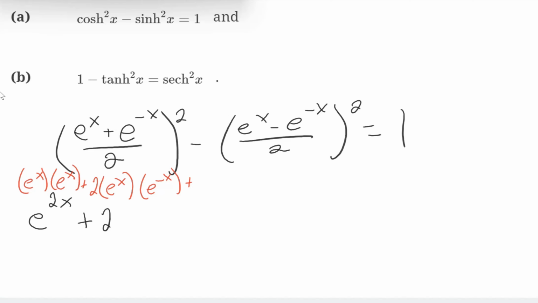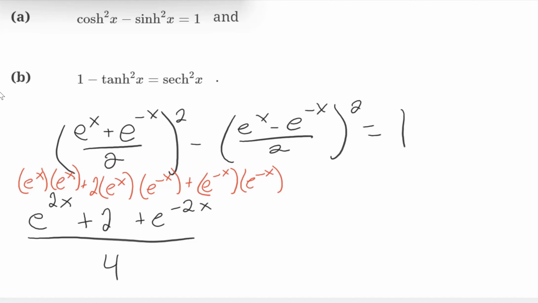And then it's e to the negative x times e to the negative x. So I've got plus e to the negative 2x, and that's all over 4.